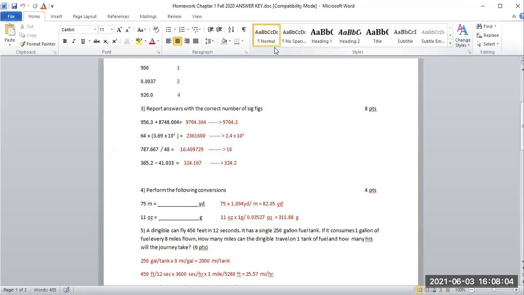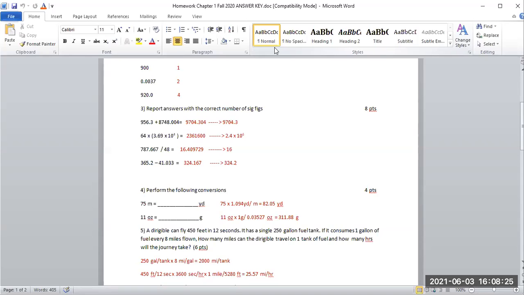And the final one is another one, since it's subtraction, that focuses on how many decimal places you are allowed to report. 365.2, so that's a single decimal place. You are subtracting 41.003, 3 decimal places.